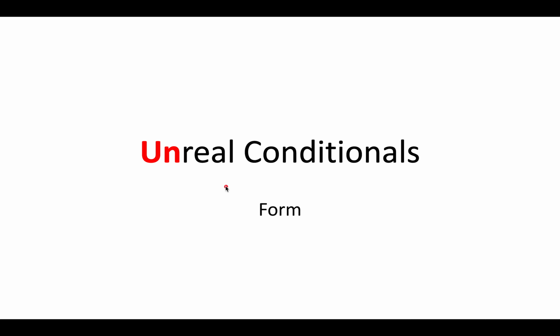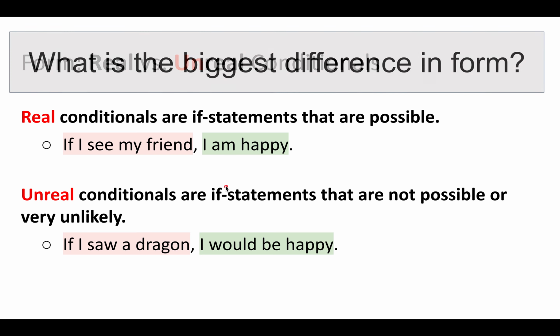Now, let's look at the form of unreal conditionals. Before we start, what is the biggest difference in form, in the grammar, between the real conditional and the unreal conditional? Between if I see my friend, I am happy, and if I saw a dragon, I would be happy.